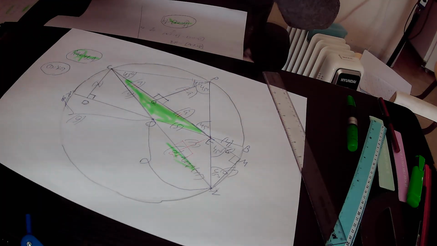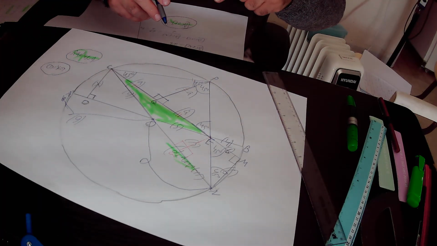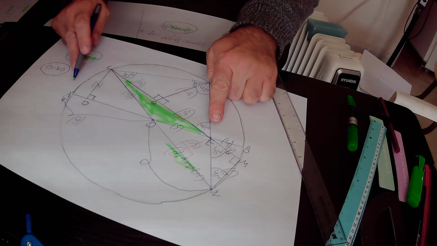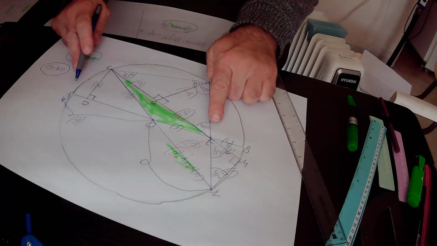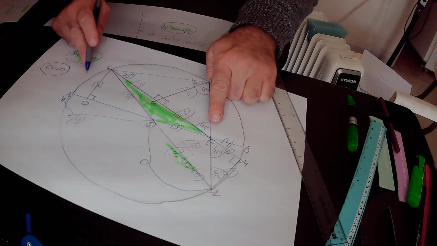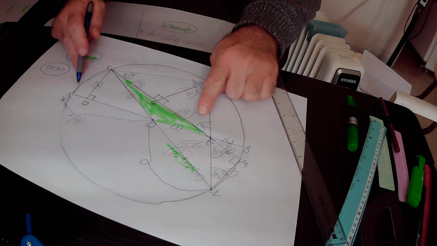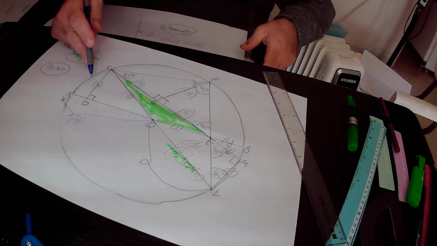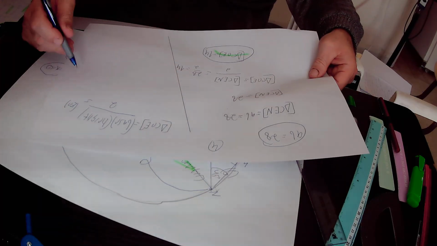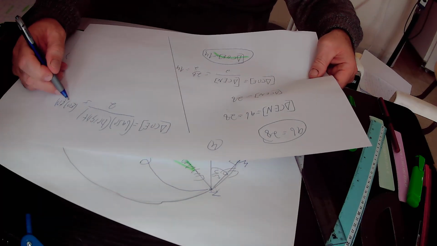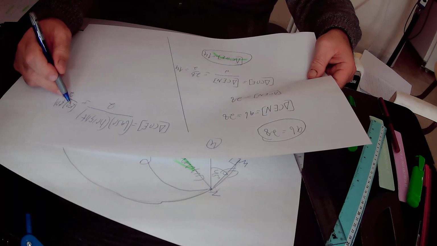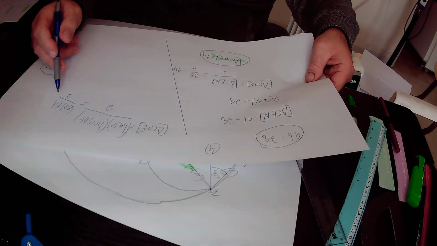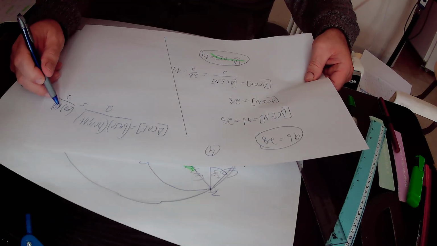The height to the base must create 90 degrees with the extended base. The base is EO, the extended base is EA. So the height must create 90 degrees with EA. CD definitely creates 90 degrees with EA, because this is a right angle. Therefore the height to the extended base is CD. So in total we found out that the area of the green triangle COE equals the base EO times the height to the extended base, that is CD, over 2.